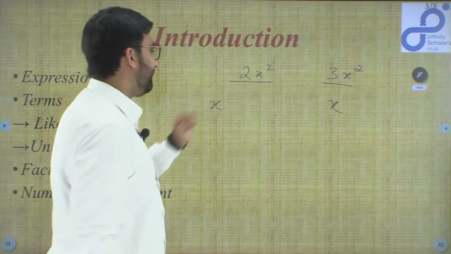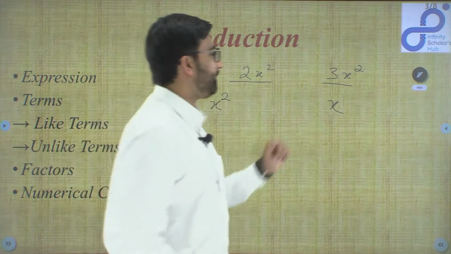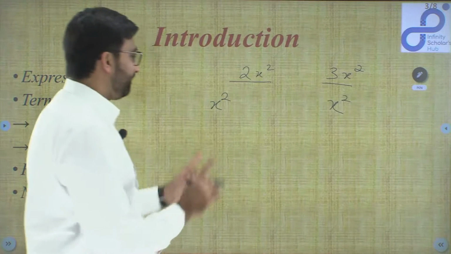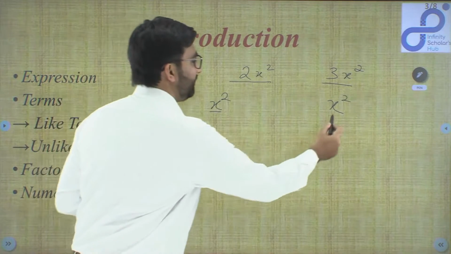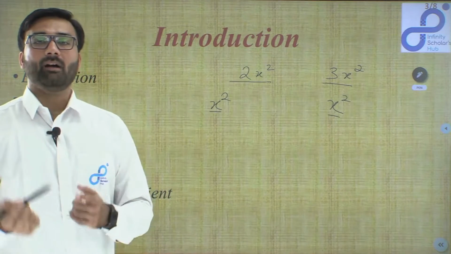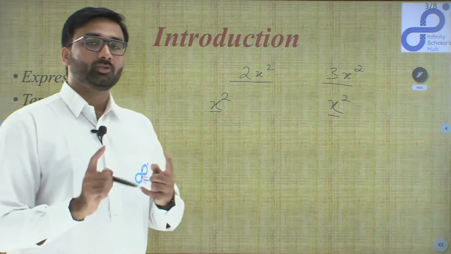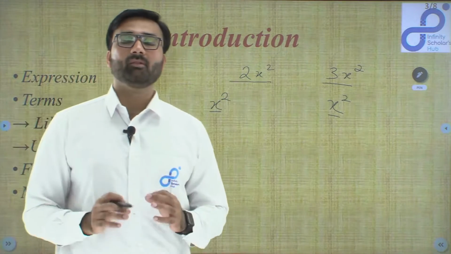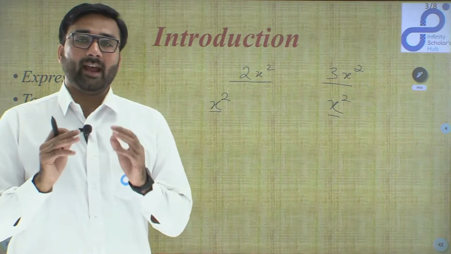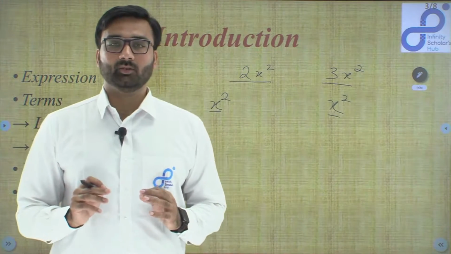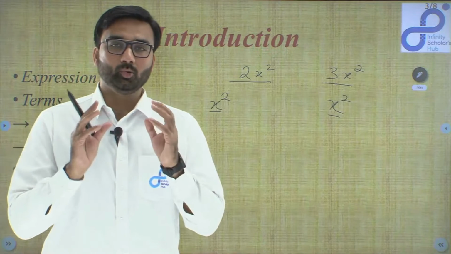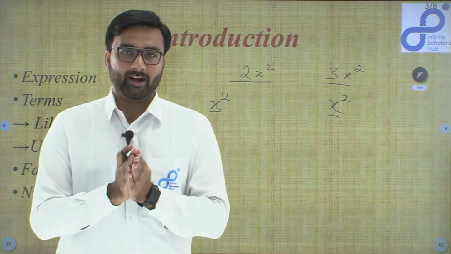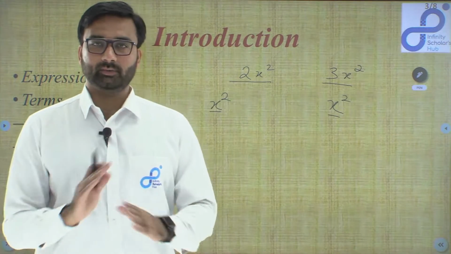Now the power over here is squared and the power over here is also squared. So if you see over here, the variables are the same and the power of this variable is also the same. So in such a case, we say that the two terms are what? Like terms. And remember one thing, you can add and subtract only the like terms. If I give you two unlike terms and you wish to add or subtract them, that is not possible. You cannot do that.